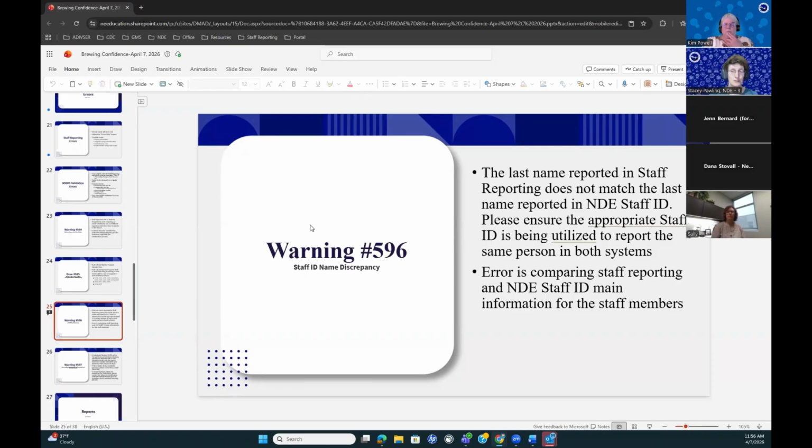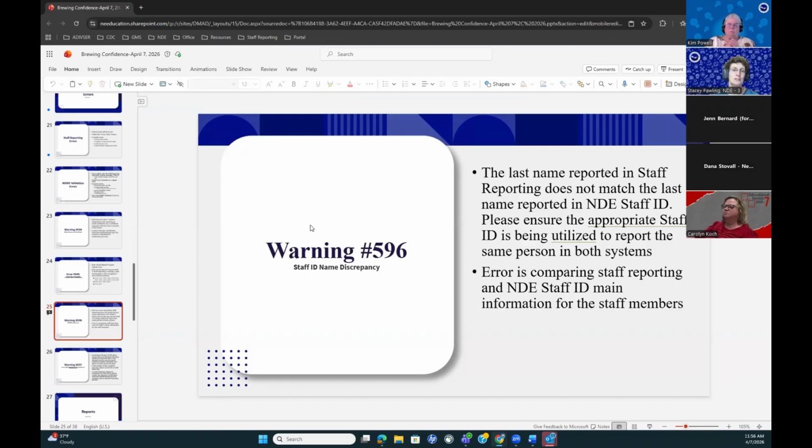So we are finding that it could be because of a duplicate ID. It could be because the person got married and we just need to go in there and update the NDE staff ID to match what is being reported in staff reporting.